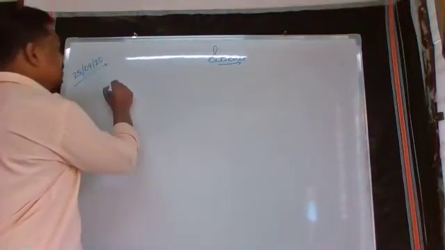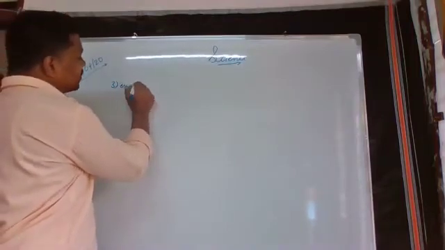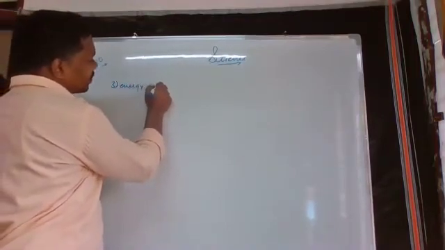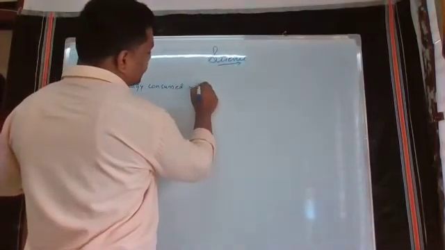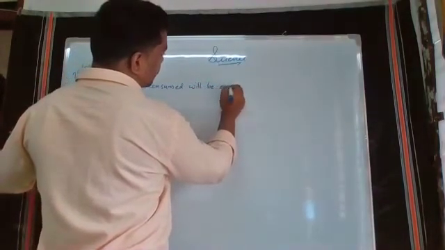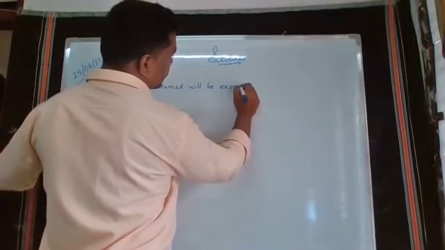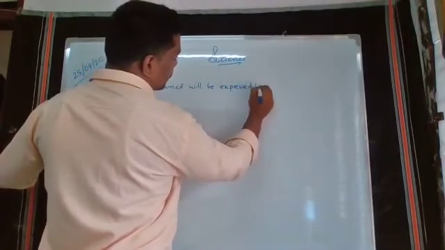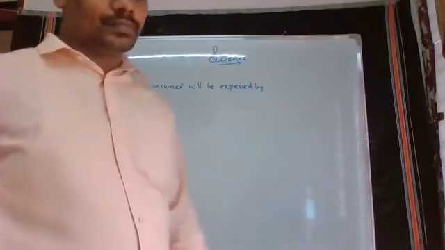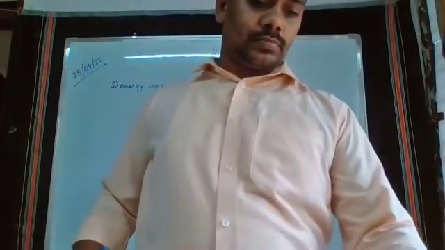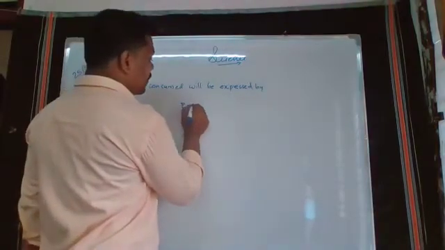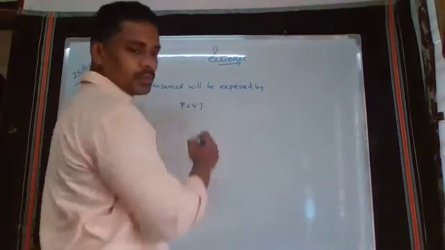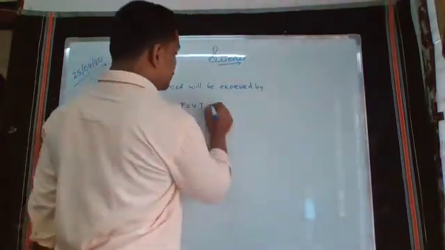And how will the energy consumed be given? Energy consumed will be expressed by P is equal to VI, which is equal to V square by R.